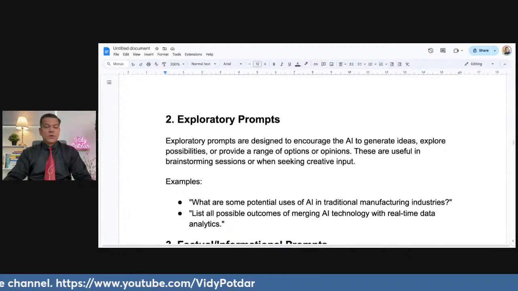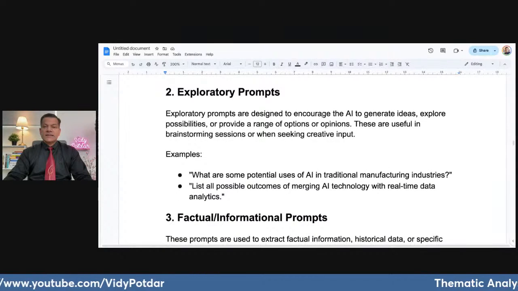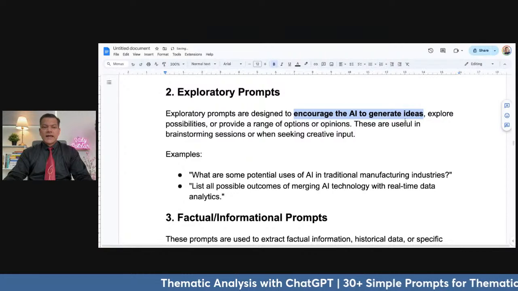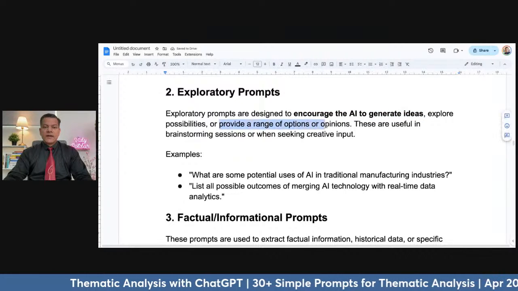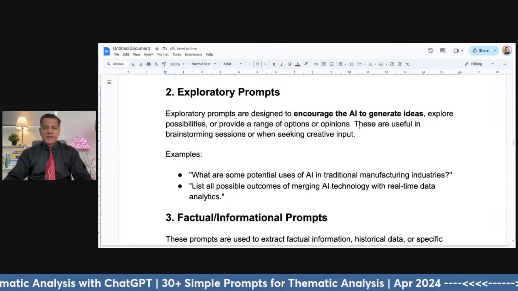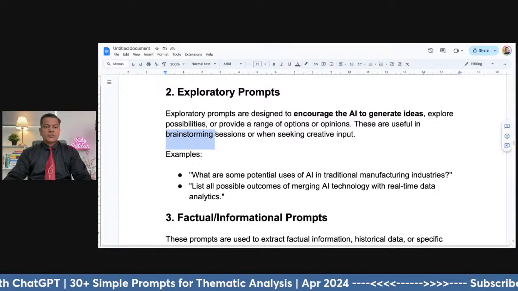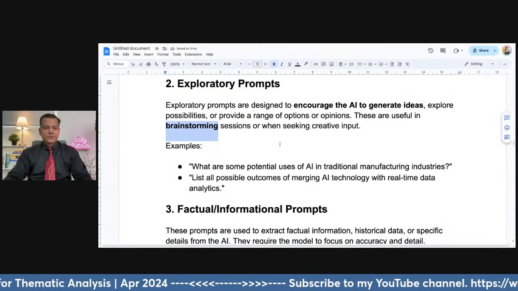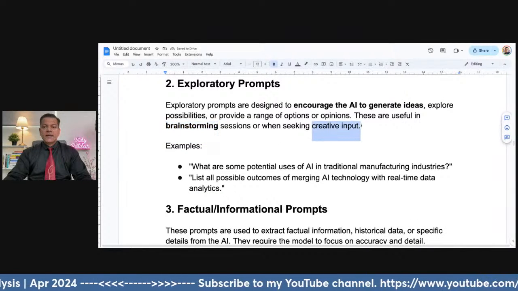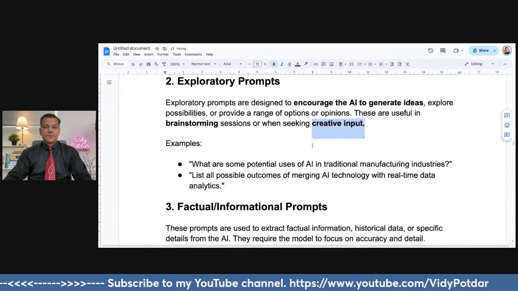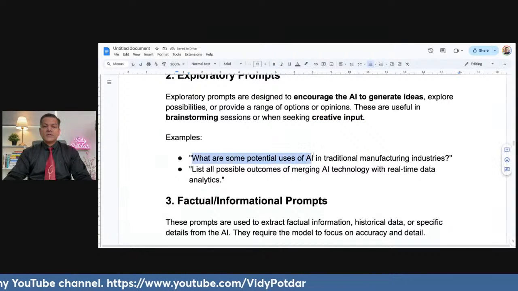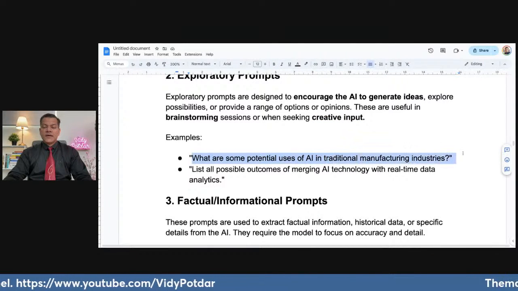Next one is exploratory prompts. These are designed to encourage AI to generate ideas, explore possibilities, and provide a range of options or opinions. They are useful in brainstorming, or when seeking creative input. What are some examples? What are some potential uses of AI in traditional manufacturing industries?